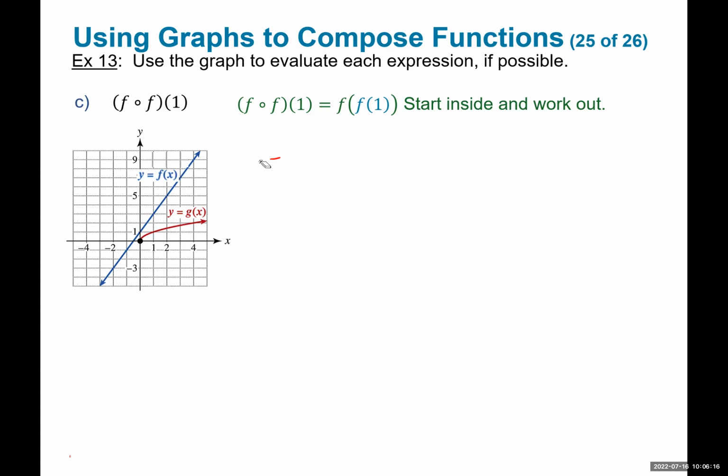I did f of 0. f of 1 is 3. We take that 3. We go back and find out what f is now. It looks to be 7. So remember, the output of the first one is the input of what you're going to use next.